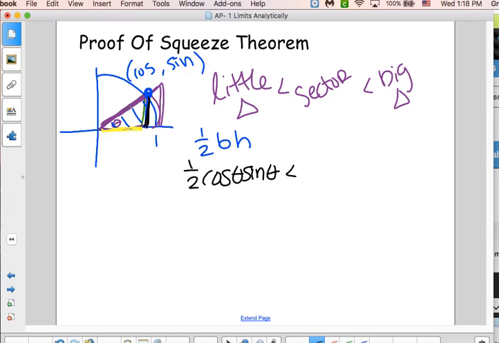The sector, here's where we see who remembers geometry with radians. How do you find the area of a sector in radians with a central angle? Theta over 2 pi and then you multiply that by the area. We can shortcut that.